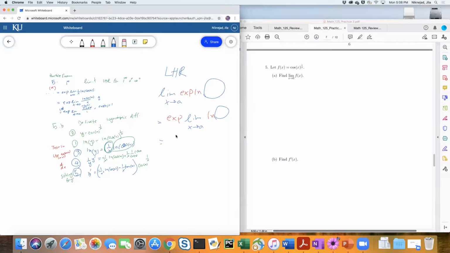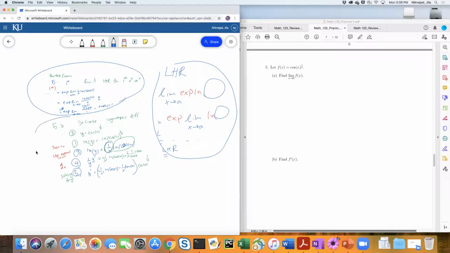When you simplify, you change the format and you end up with a L'Hopital rule here. One more step and then L'Hopital rule. So this was the L'Hopital rule question.